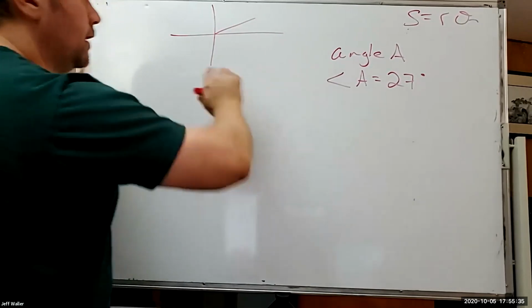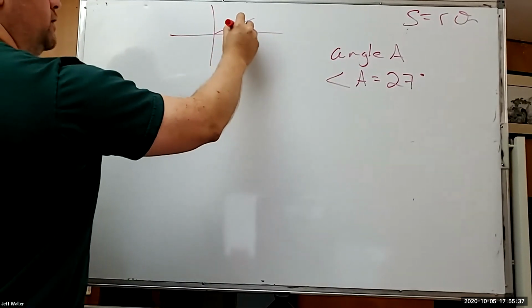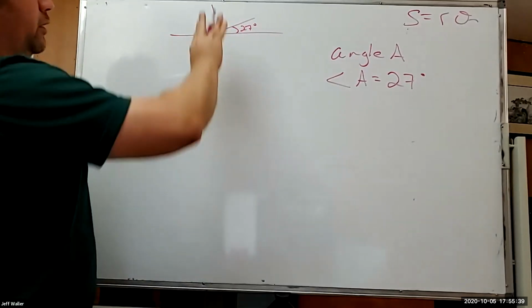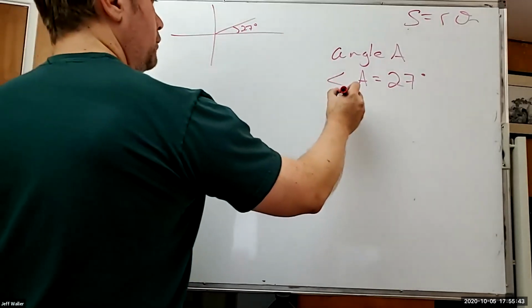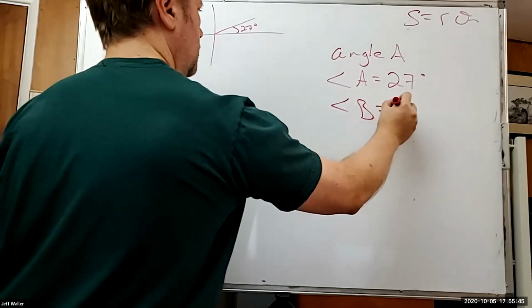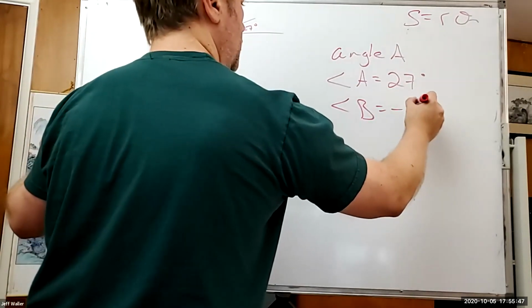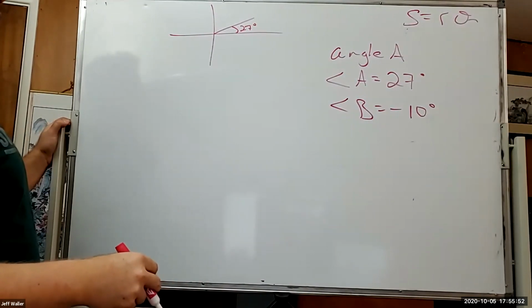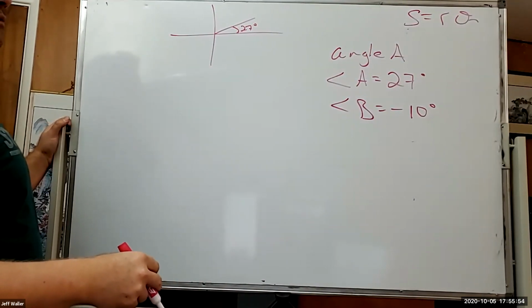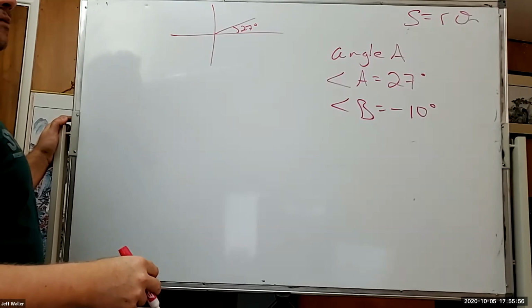What do you think, is that cool for everybody? That's roughly 27 degrees, maybe? Maybe a little bit less, I don't know. What do you think about this? How would you graph this? Negative 10 degrees. Would it be in the fourth quadrant of the graph?